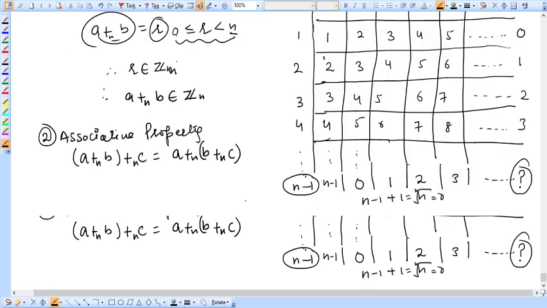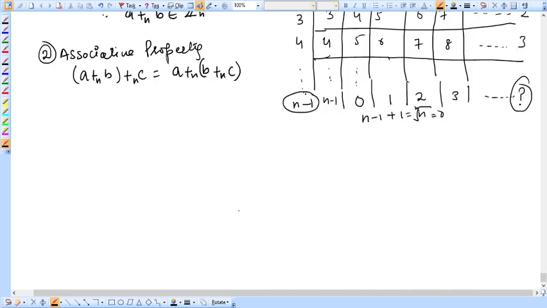So see, if we add these 3 numbers, let us assume it is equal to some number d. We know addition is always associative, therefore a plus b plus c must also be equal to d, right?